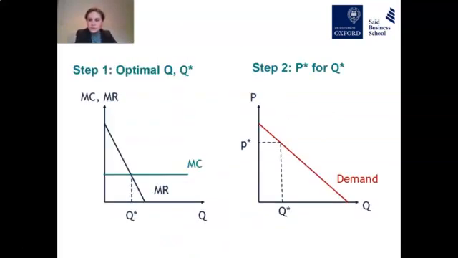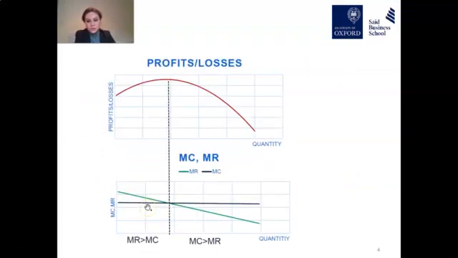In some sense, the profit maximization algorithm works as follows. There are 2 steps. In the first step, you look at the relationship between the marginal revenue and marginal cost, and that gives you the output level, which is basically what we did here. We had always quantity here.